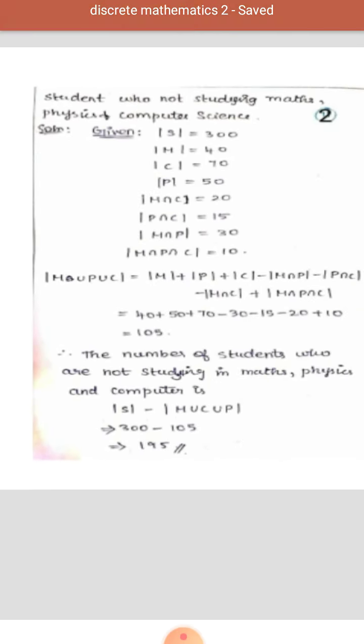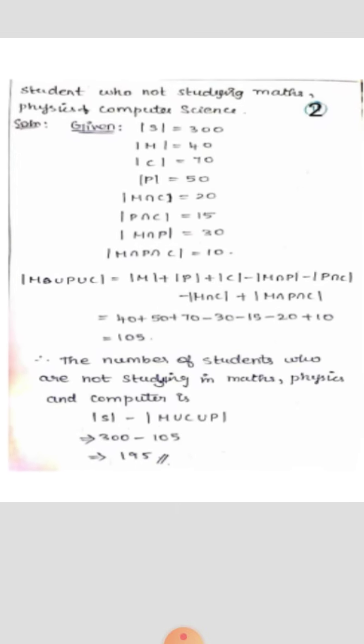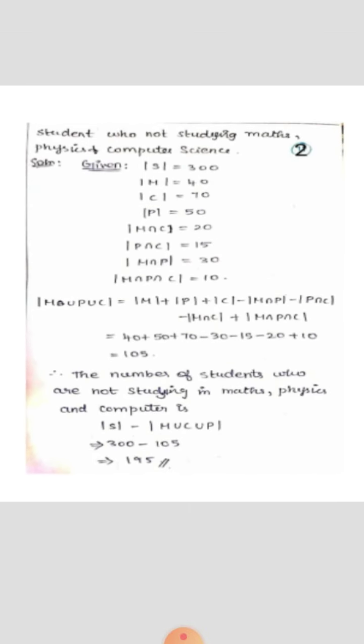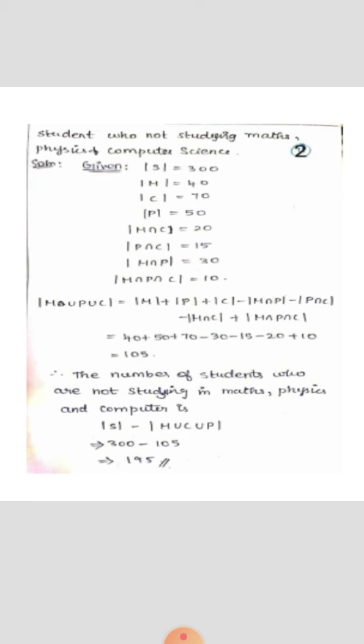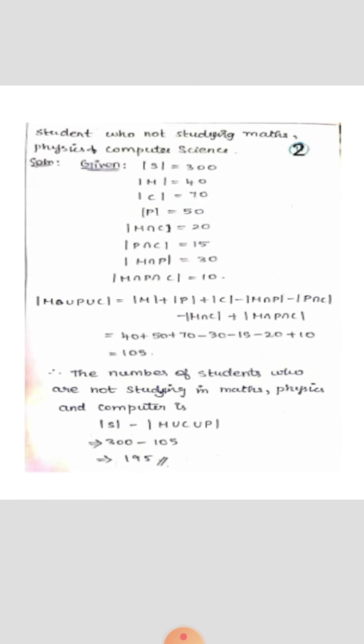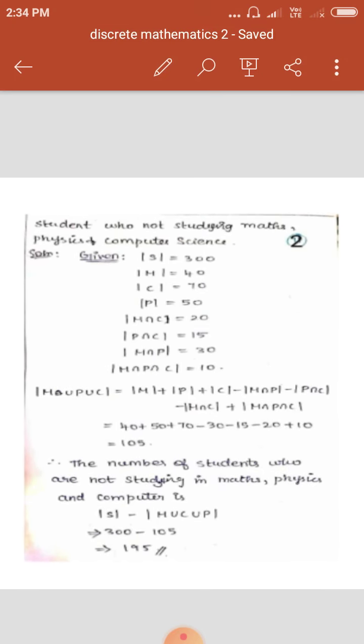Next, we have to find the union. What is the formula? For the principle of inclusion and exclusion, last class we saw that modulus of A union B union C is equal to modulus of A plus modulus of B plus modulus of C minus modulus of A intersection B minus modulus of B intersection C minus modulus of A intersection C plus modulus of A intersection B intersection C. We use the same formula.